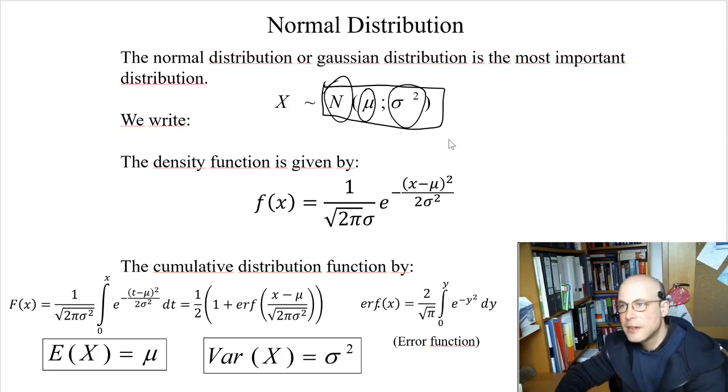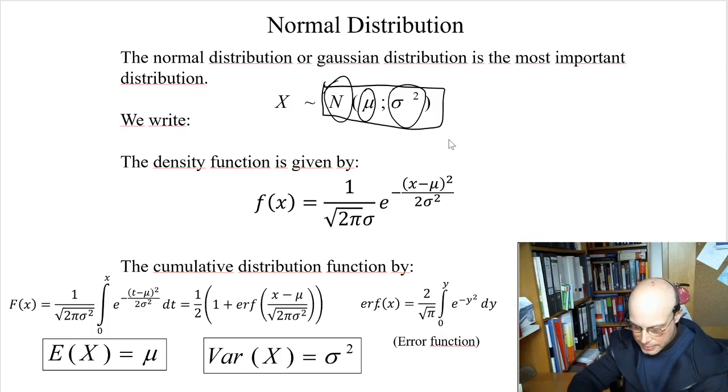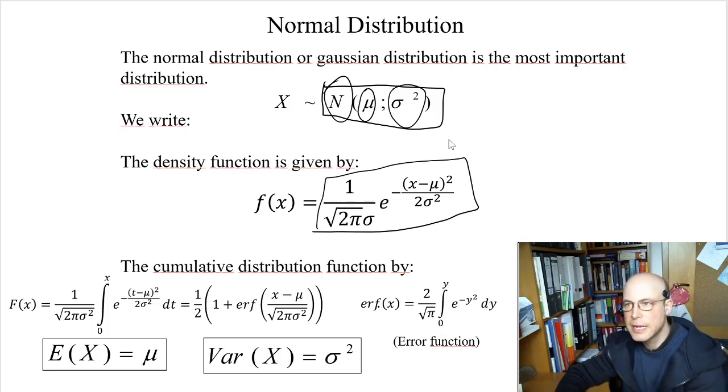And the density function is given as 1 over square root of 2 pi times the variance, times the exponential function e to the minus x minus mu squared over 2 times the variance.